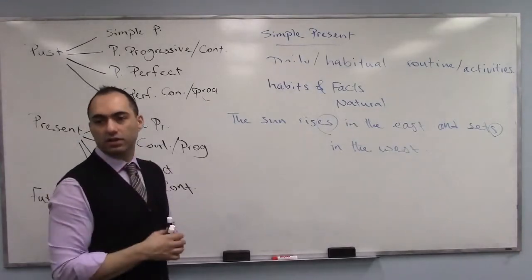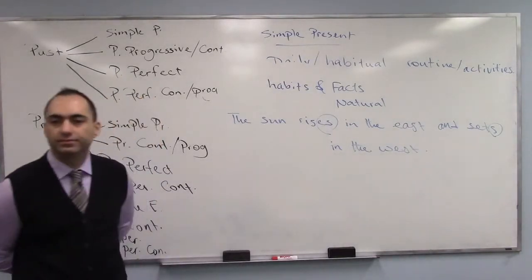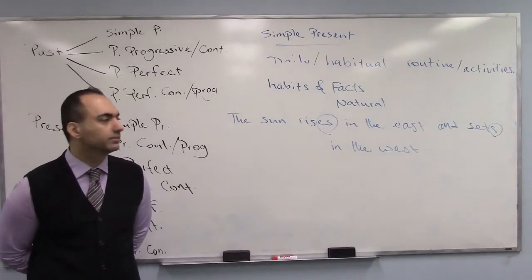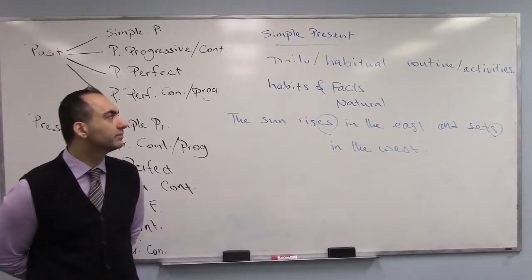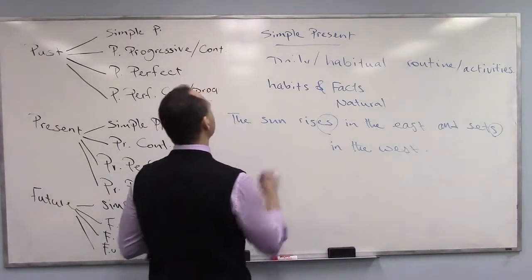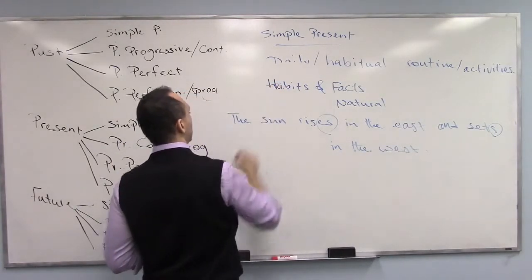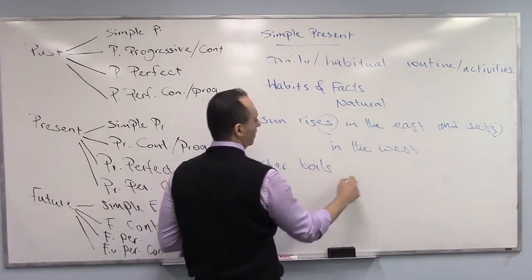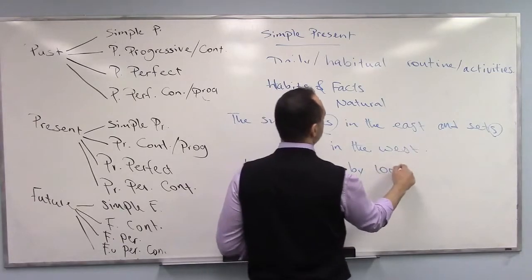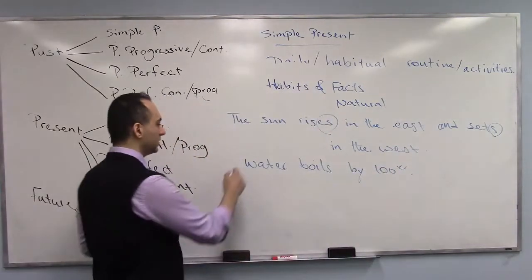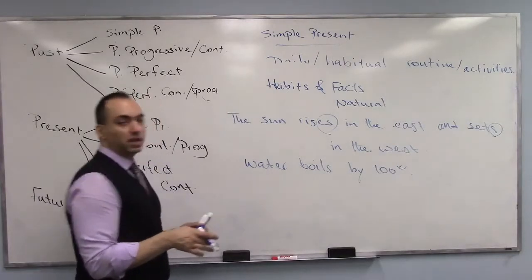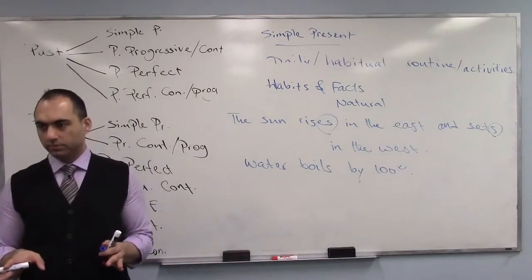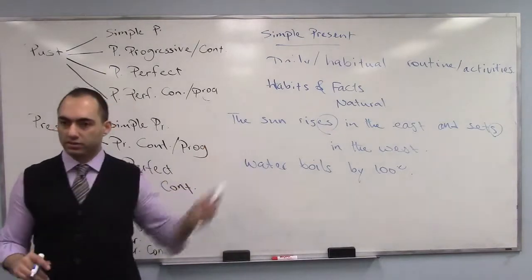The sun rises in the east and sets in the west. Water boils by 100 degrees centigrade. It's a natural fact, right? Yes. So we don't say water will boil. Water boils by 100 degrees centigrade. The sun rises.